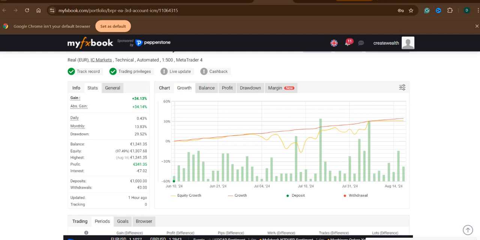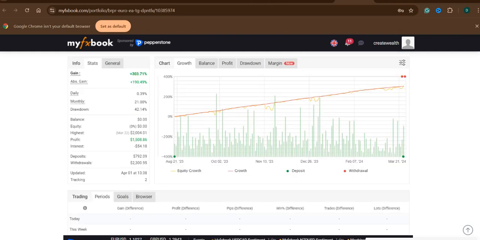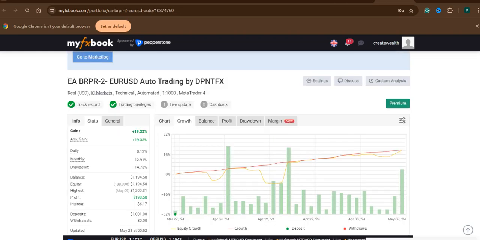So it is almost 1 year that we have completed so far, and we are about to complete it in just the next couple of days. In this account, the maximum drawdown was 14.73% and the monthly was around 12.91%.